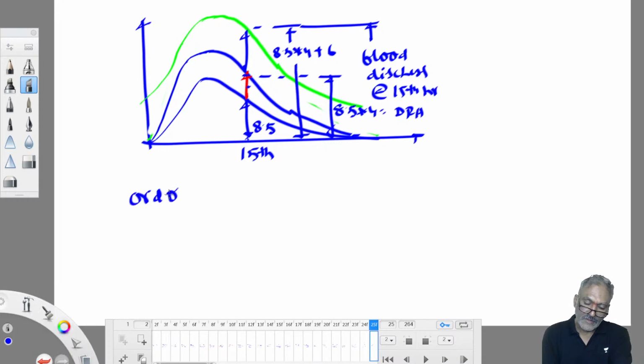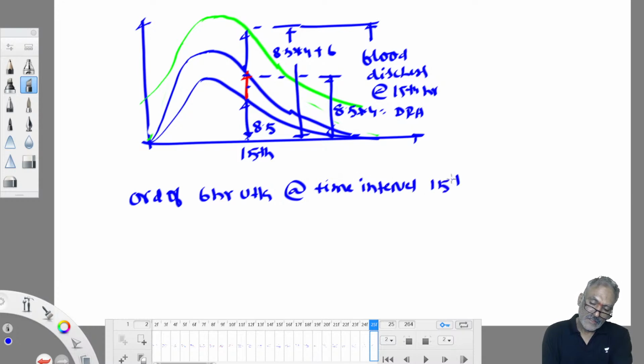So the ordinate of the 6-hour unit hydrograph at the 15th hour is 8.5 meter cube per second.